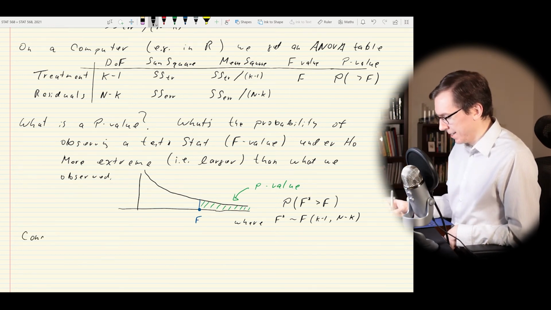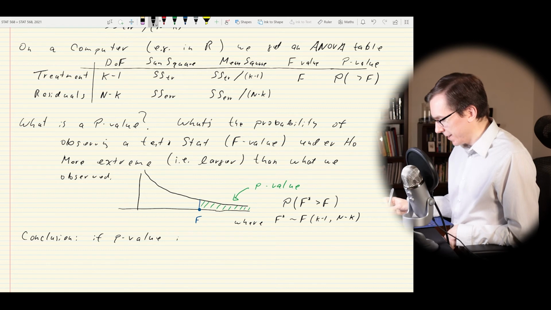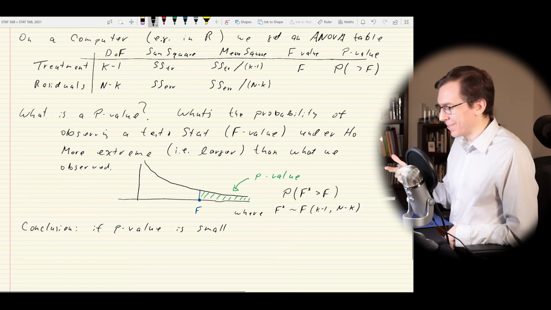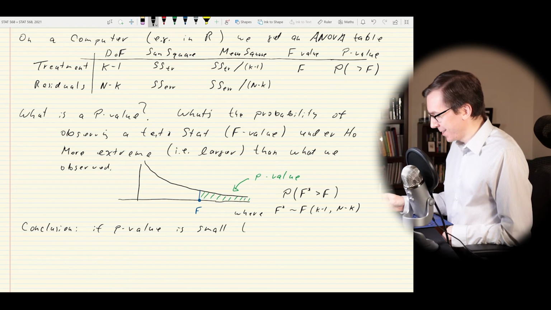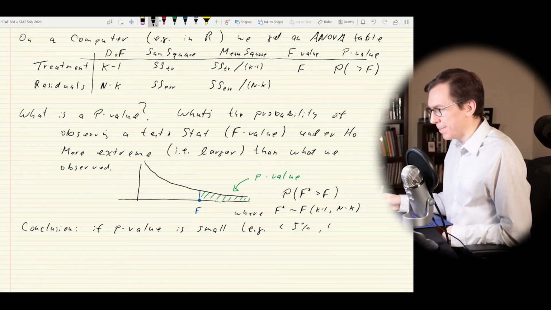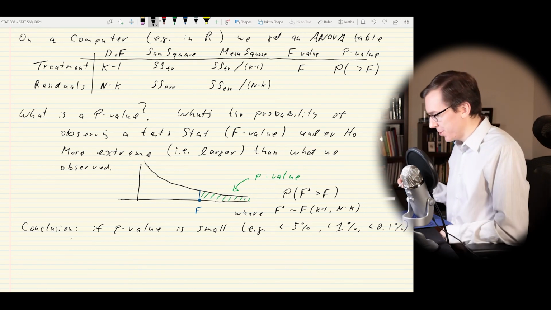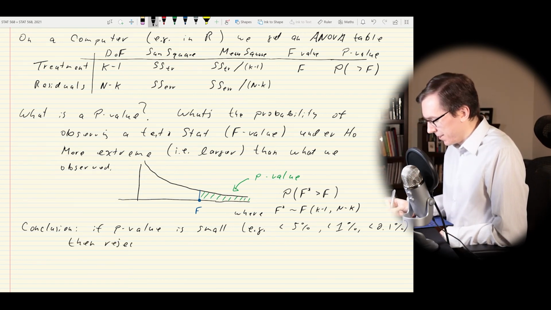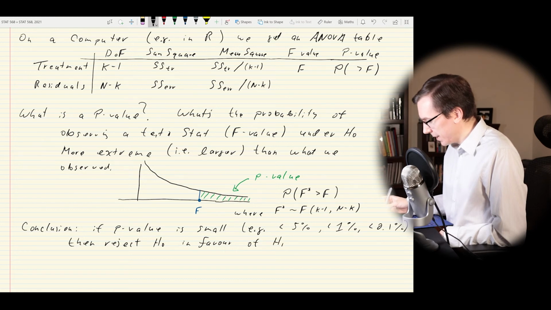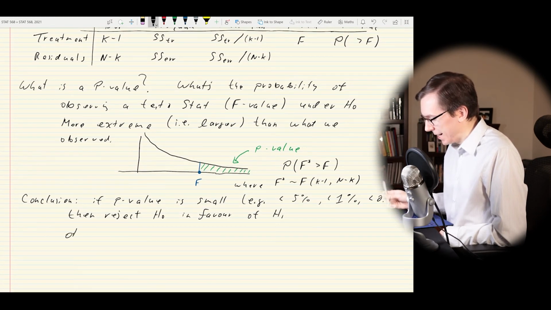So the conclusion is that if the p-value is small, where that's up to the discretion of the experimenter, say less than 5%, but that seems a bit big in my opinion, maybe less than 1%, or less than 0.1%, or whatever you think is a good threshold to choose, then reject H0 in favor of H1, our alternative hypothesis.